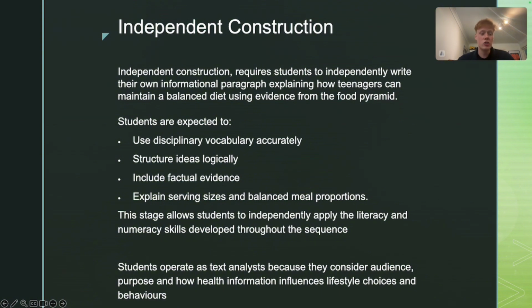This stage allows students to independently apply the literacy and numeracy skills developed throughout the sequence. Students operate as text analysts because they consider audience, purpose, and how health information influences lifestyle choices and behaviors.